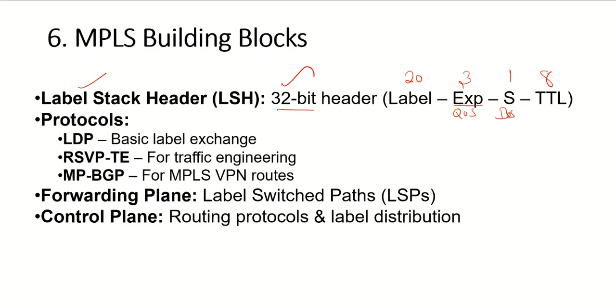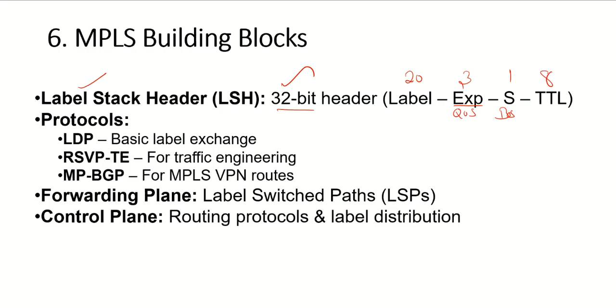Altogether it is 32 bits. So MPLS is just a 32-bit header with these four things: TTL, bottom of stack, QoS, and label.